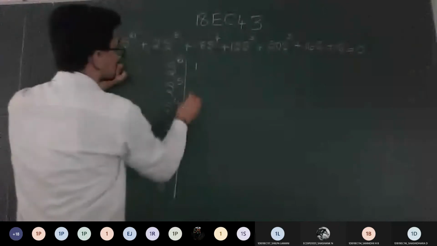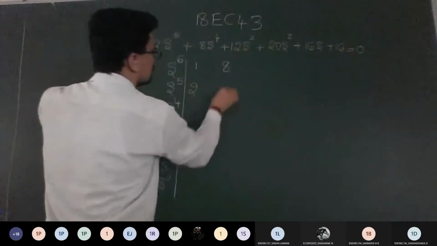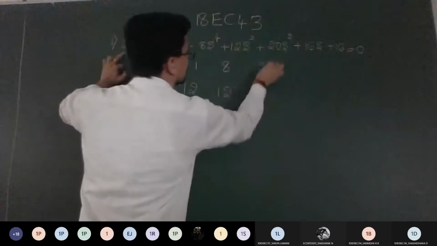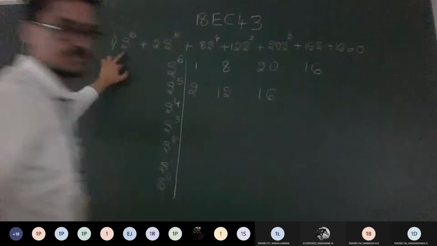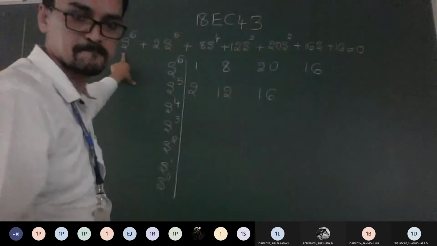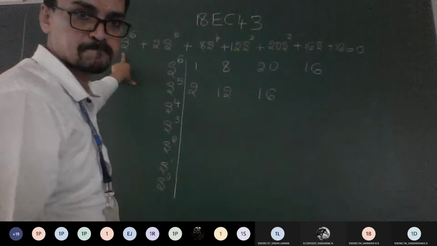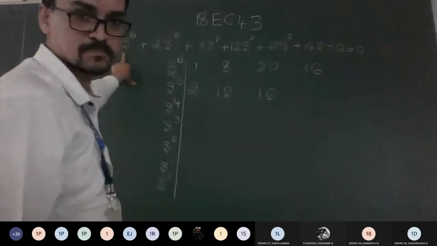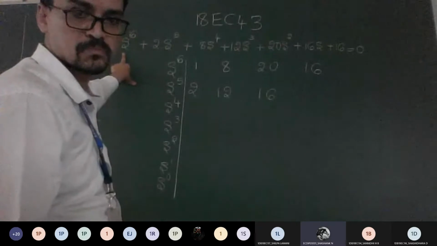So 1, then 2 here, then 8, 12, 20, 16. Is it visible, guys, what I wrote? Yes, sir.